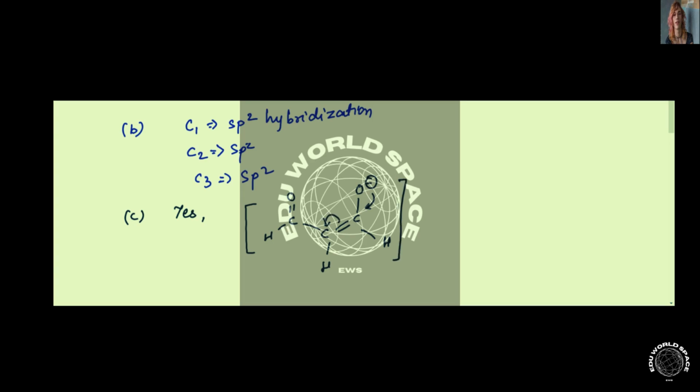Another way the resonance structure could be like this. C double bond O, C minus, and this is C double bond O. This is H, this is H, and this is H. So there are two structures.